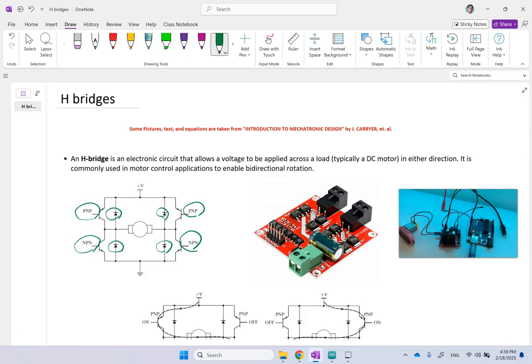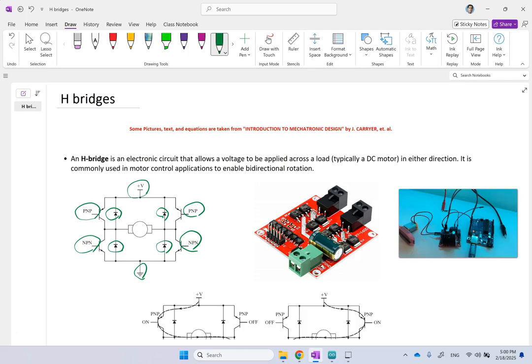With each one of them there is a diode, and that is how you put the motor between these transistor junctions or diode junctions and connect it to the high and the low voltage. Depending on which one of these 4 transistors is on and which one is off, you can get different directions, or you can stop the motor, you can brake, we call it dynamic brake, and so on.